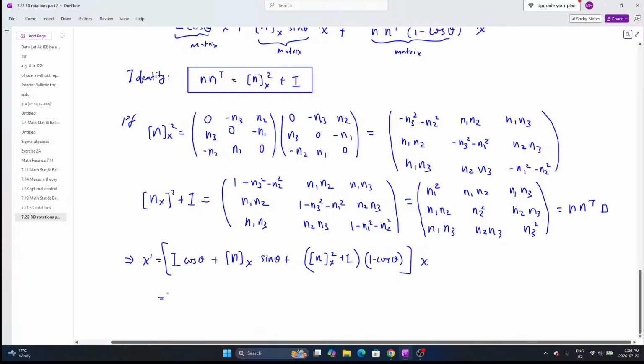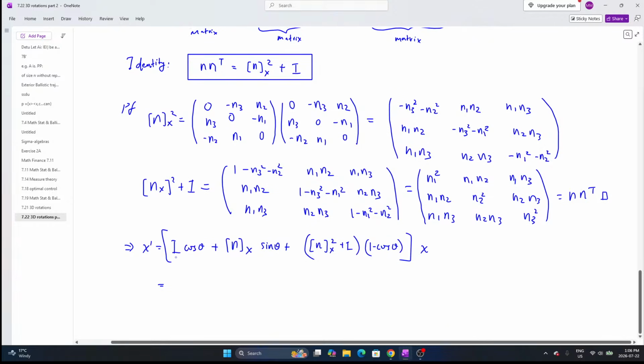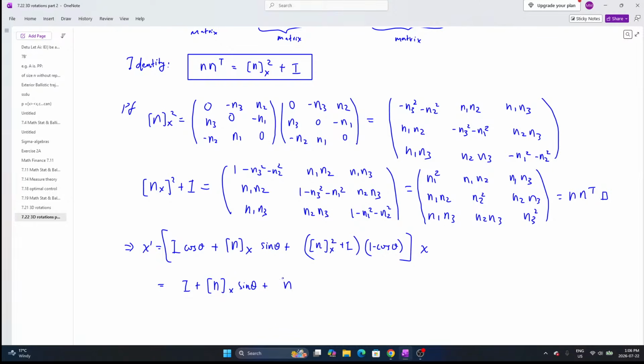And now you can simplify. I cosine theta seems to cancel here. So you just get an I up front. I cosine theta gets canceled. That's an I plus n cross product sine theta, and then times the n cross product matrix squared.